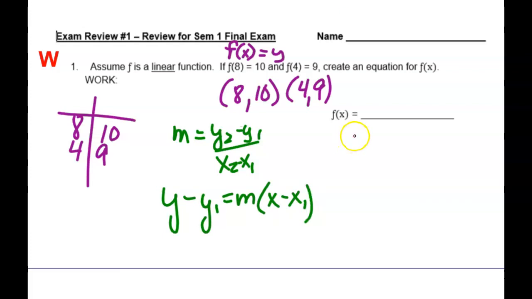So I'll do 10 minus 9 for the y's over 8 minus 4. That's 1/4 is the slope.